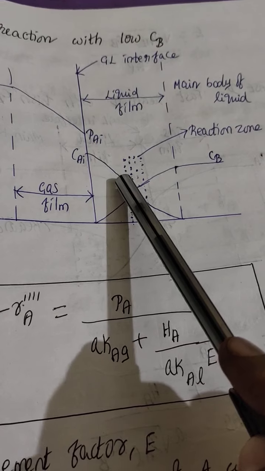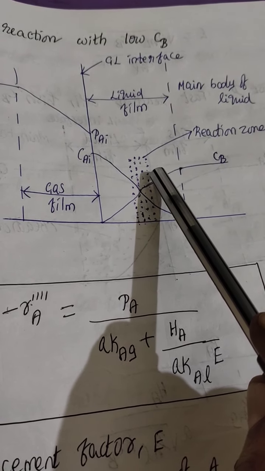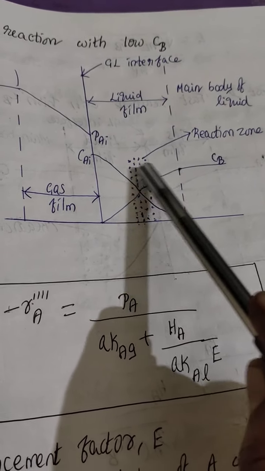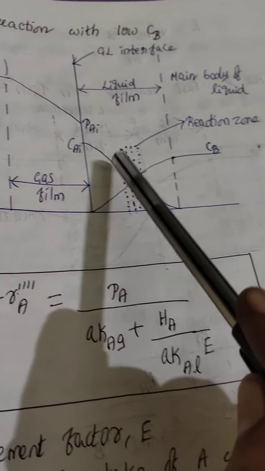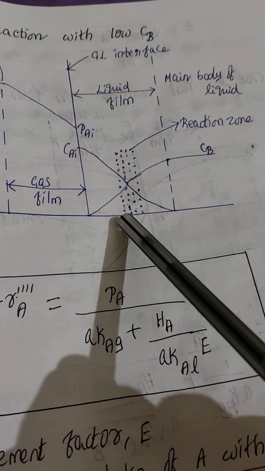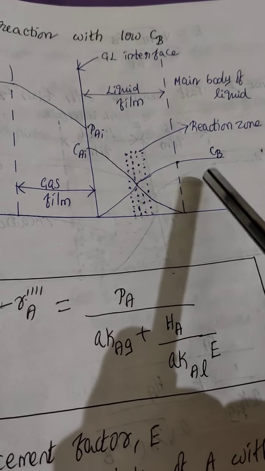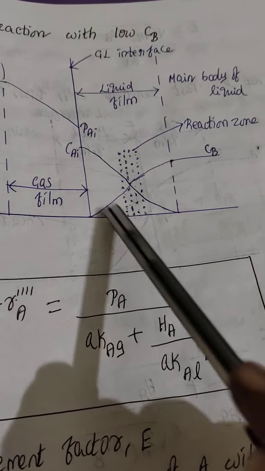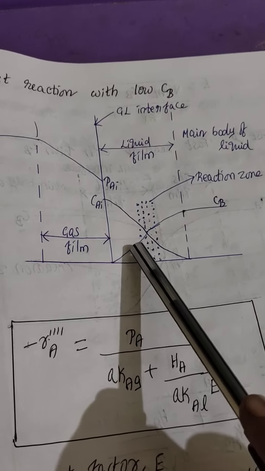And here you can find that there is a reaction zone. In this reaction zone, the reaction will take place. Here there is a spread of reaction zone. A will move towards the reaction zone, and the liquid reactant B will also move towards the reaction zone, and the reaction will take place in the reaction zone within the liquid film.